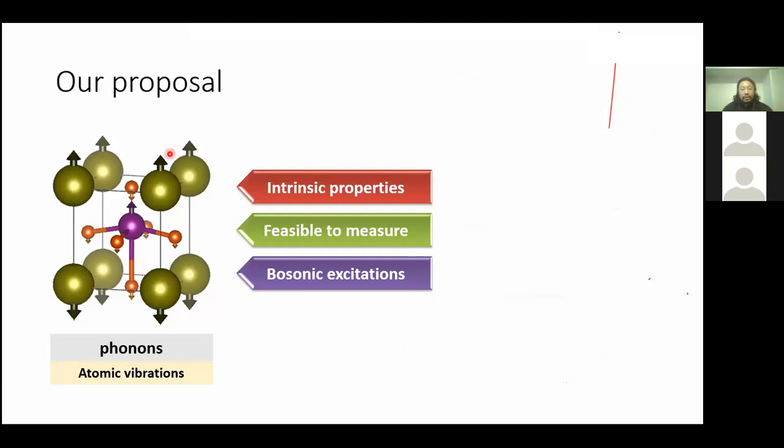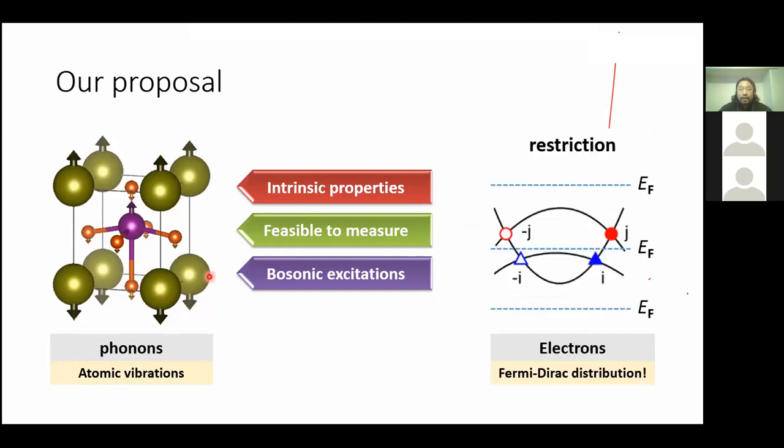We know that phonons are atomic vibrations and they're intrinsic properties of solids. So basically, they're everywhere. And we can use Raman spectroscopy or inelastic neutron scattering to measure these phonons. One of the most fascinating things about phonons is that they are bosonic excitations. So unlike electronic systems, they do not have the restriction of the Fermi-Dirac distribution.